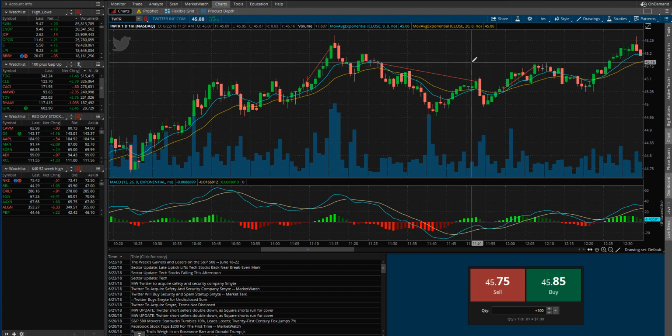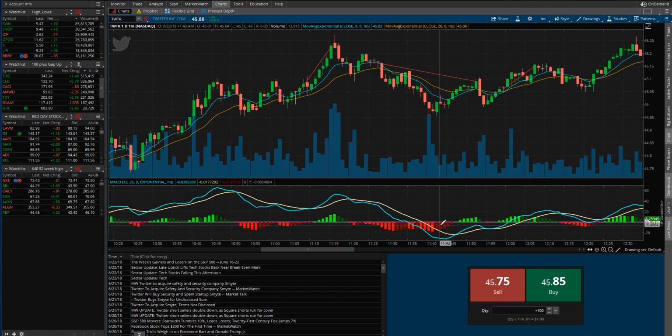Another thing to take notice of when you are looking at the MACDs: when you see this negative momentum right here, compare these darker candlesticks to the lighter ones. With the lighter ones, that usually means that this has not met its bottom yet.